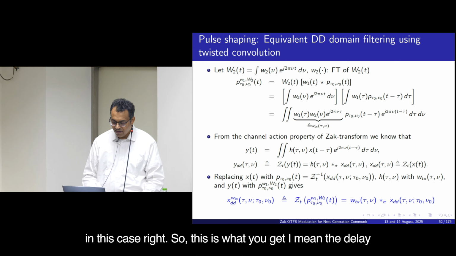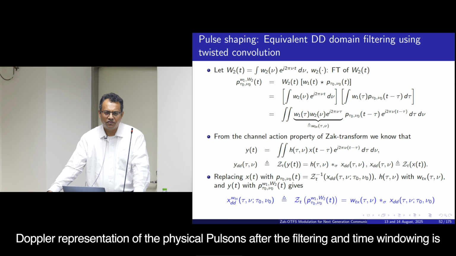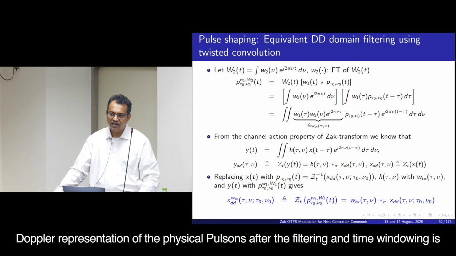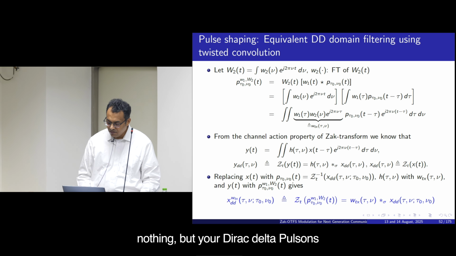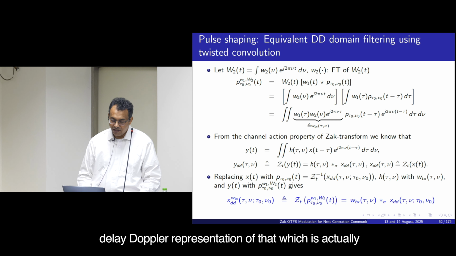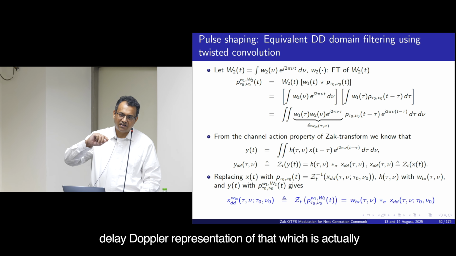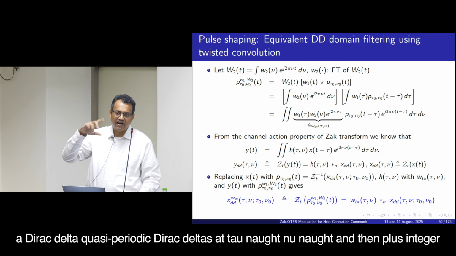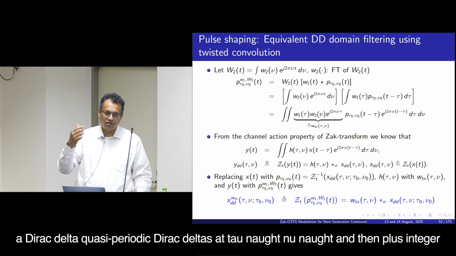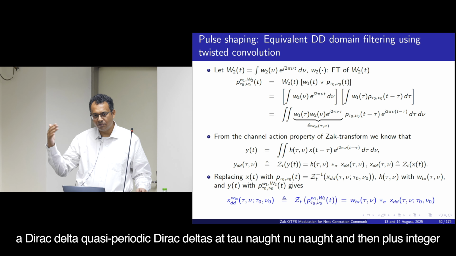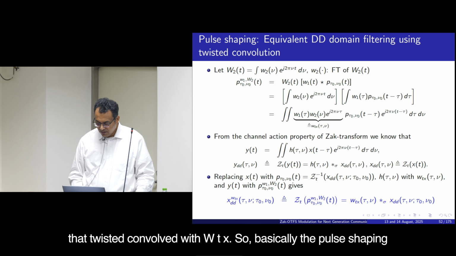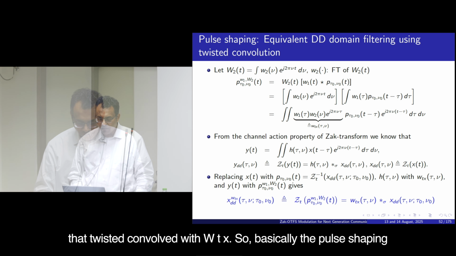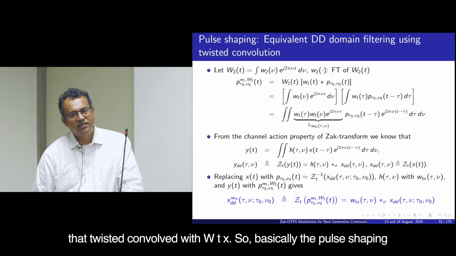The delay Doppler representation of the physical pulson after filtering and time windowing is nothing but the delay Doppler representation of your Dirac delta pulson, which is quasi periodic Dirac deltas at tau naught nu naught and then plus integer multiples of tau p and nu p, twisted convolved with wtx.